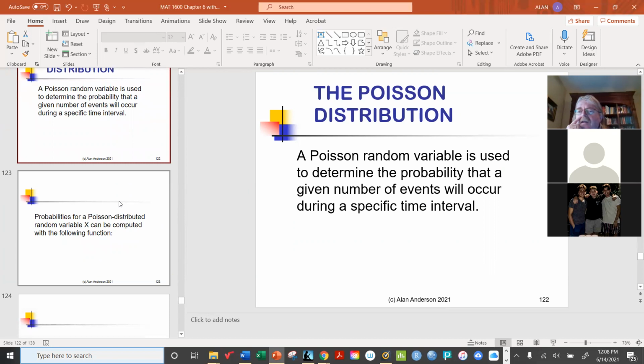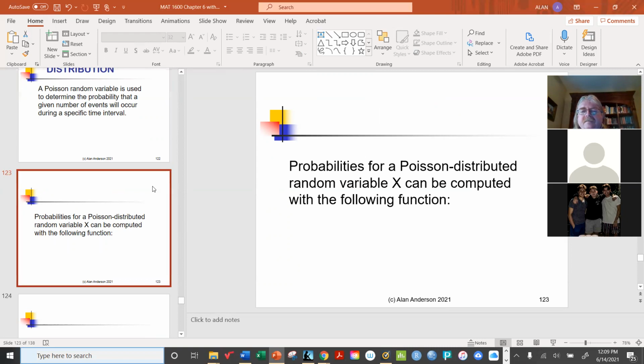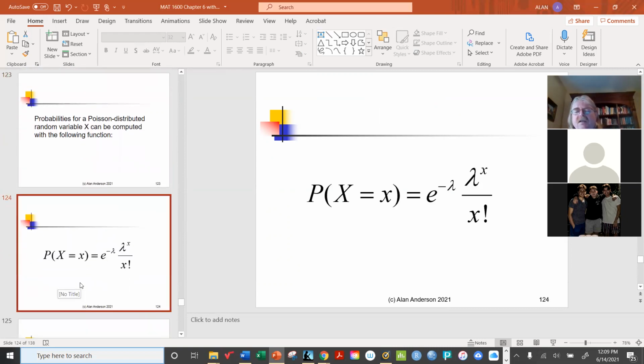Now, the first thing we need to know with any probability distribution is the probability formula. That is what's going to tell us how to calculate probabilities. So here, the Poisson probability formula is a little bit simpler than for the binomial, but it does have some interesting things that we have to introduce. All right, so I may as well just show it to you. So what's going on here?